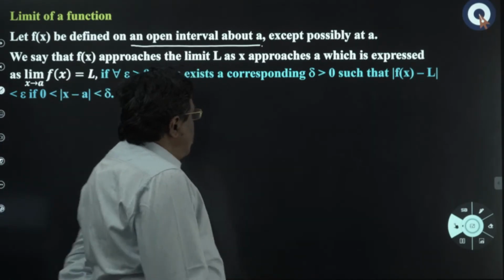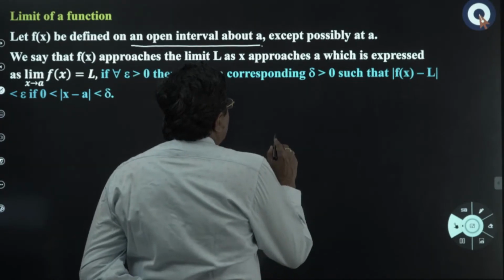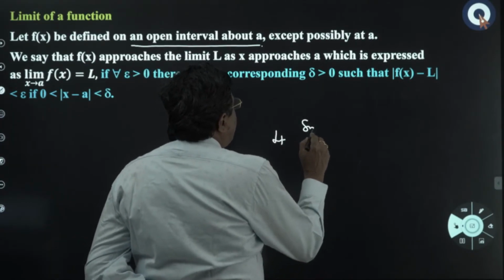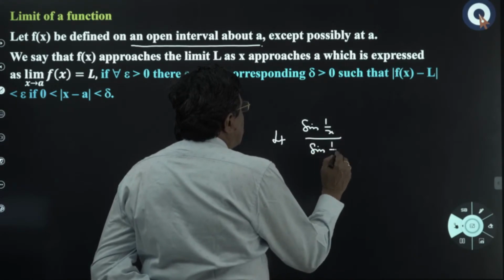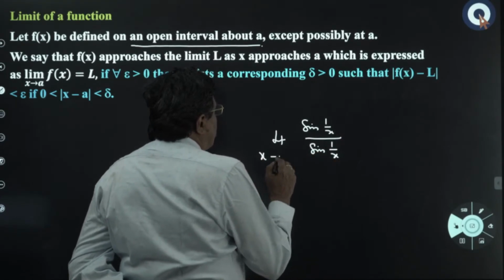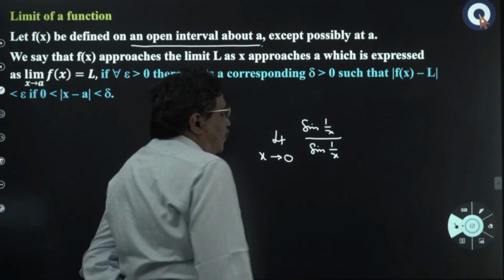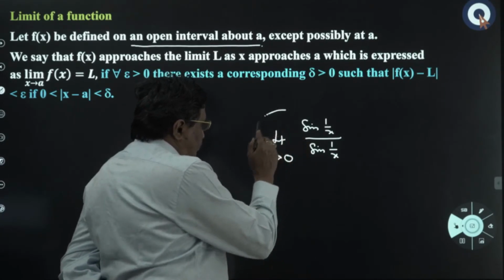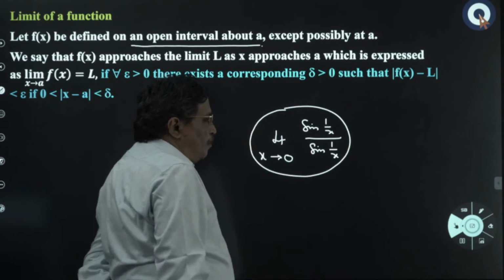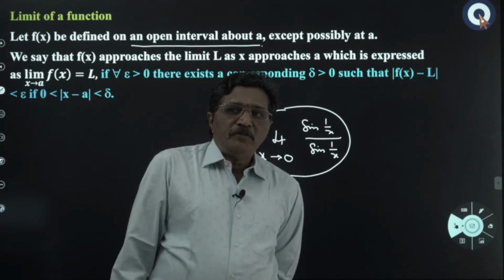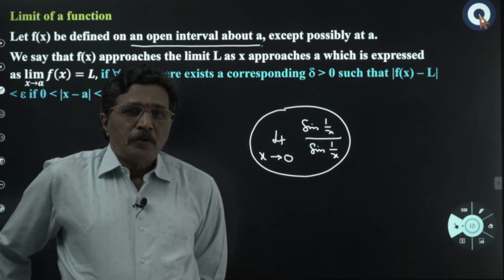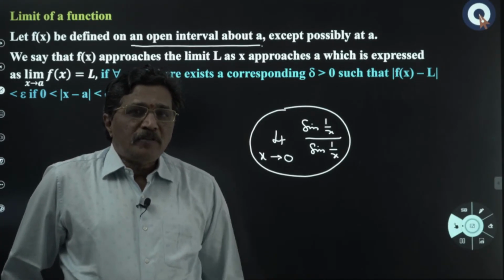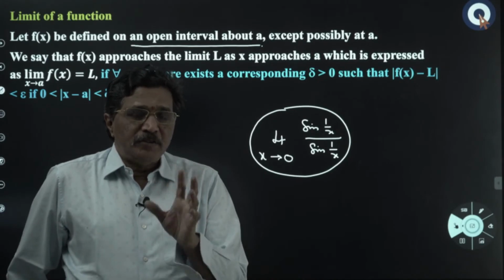For example, let us say the limit of sin(1/x) by (1/x), sin(1/x), if you consider this function as x tends to 0, it's absurd to say this. It is completely absurd because this function is not defined in any interval about 0. So the first part of the definition is really important.